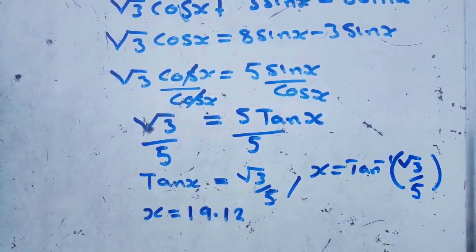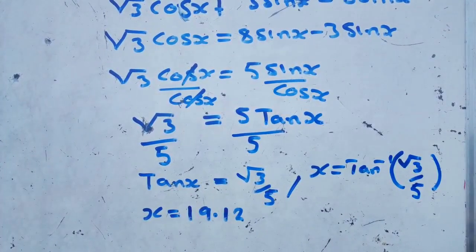We know that tan is positive in the first quadrant and in the third quadrant. In the first quadrant we just get this value, but in the third quadrant we add 180.